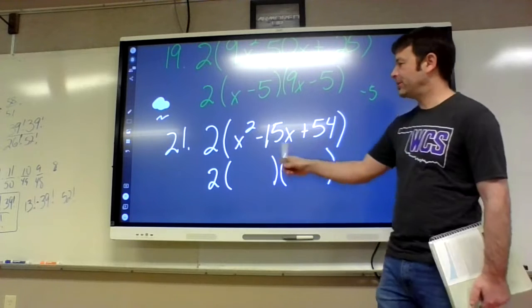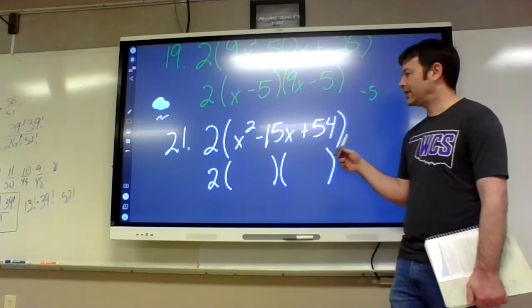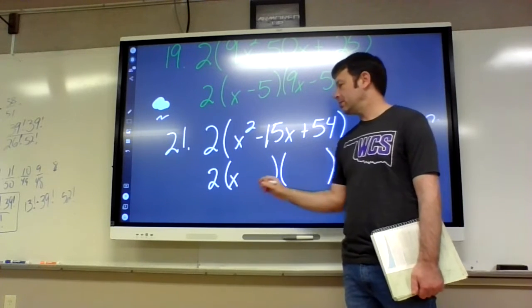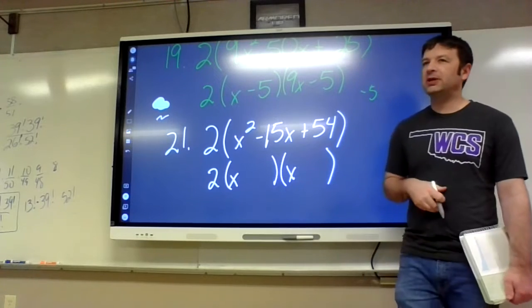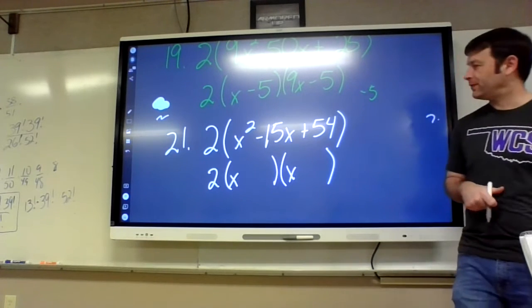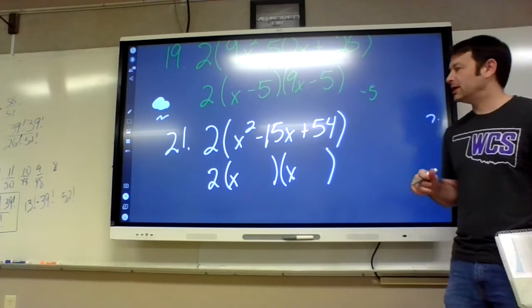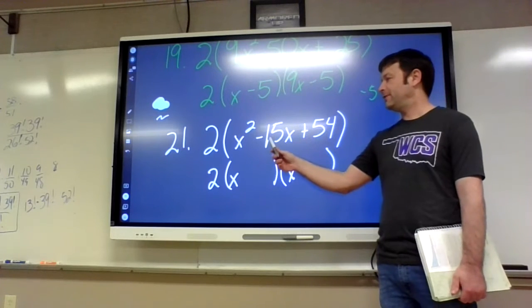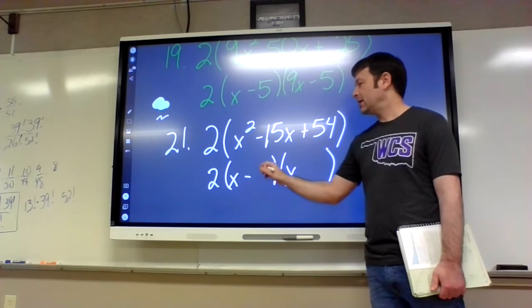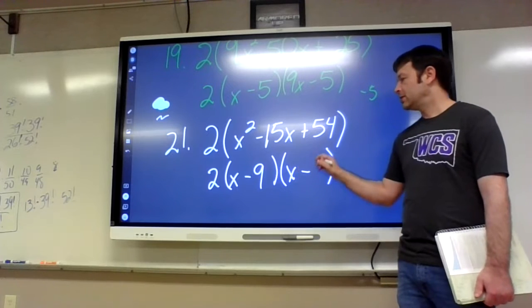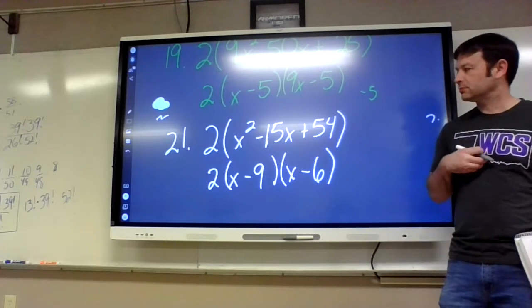Okay, so this is basic three-term factoring. So x and x. Do you guys remember your times tables? What goes into 54? 9 and 6. That add up to negative 15? Yes, negative 9 and negative 6.